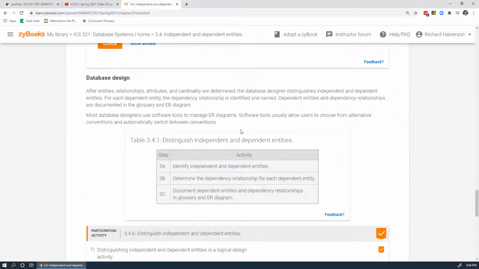Okay, so now we're getting into database design, and the database designer distinguishes independent and dependent. Does that after figuring out what the relationships and attributes and cardinality is and so on. And then for each dependent entity, the dependency relationship is defined and so on.